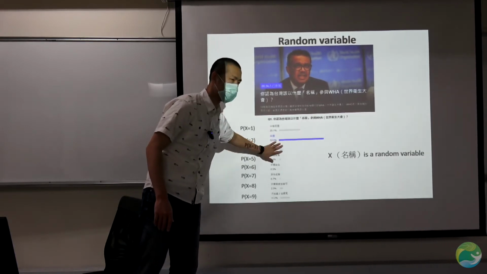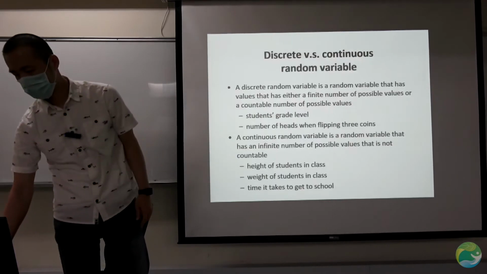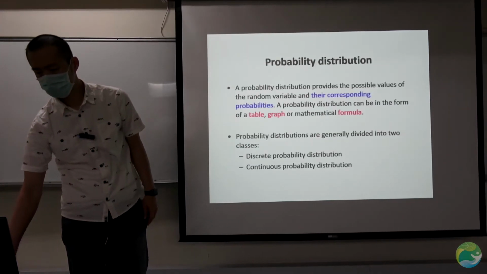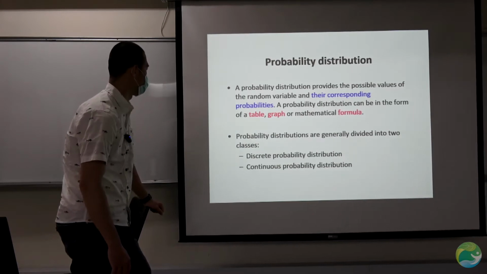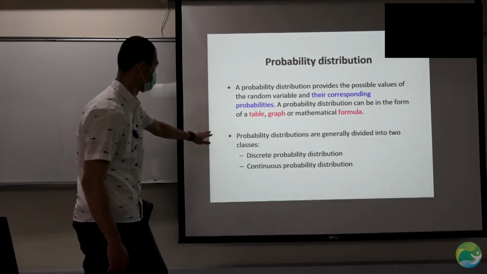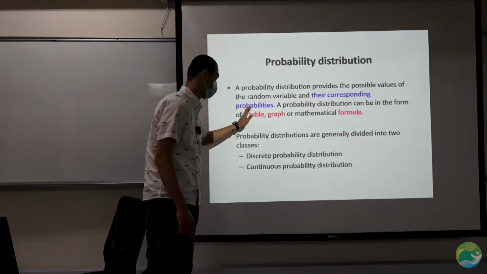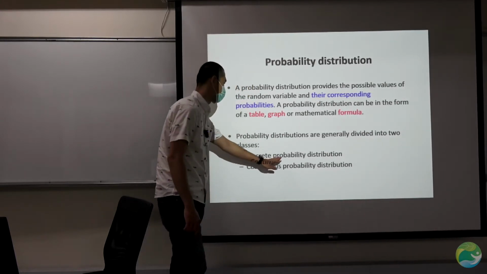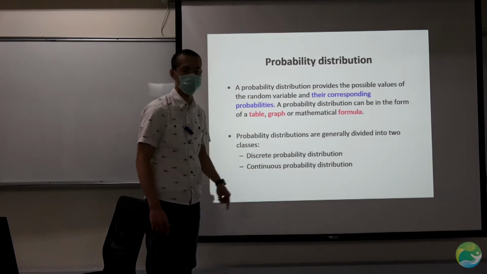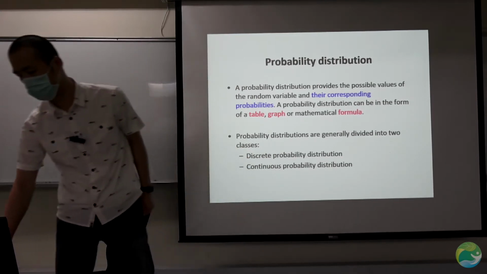Probability distributions are generally divided into two classes. As I mentioned, random variables can be divided into discrete and continuous, so probability distributions can be discrete probability distributions and continuous probability distributions.